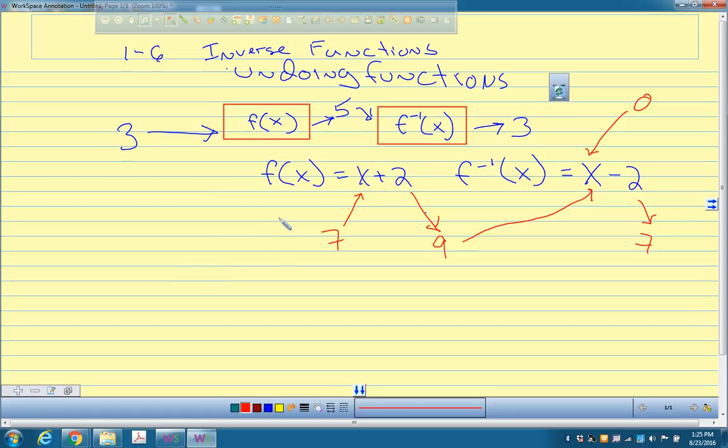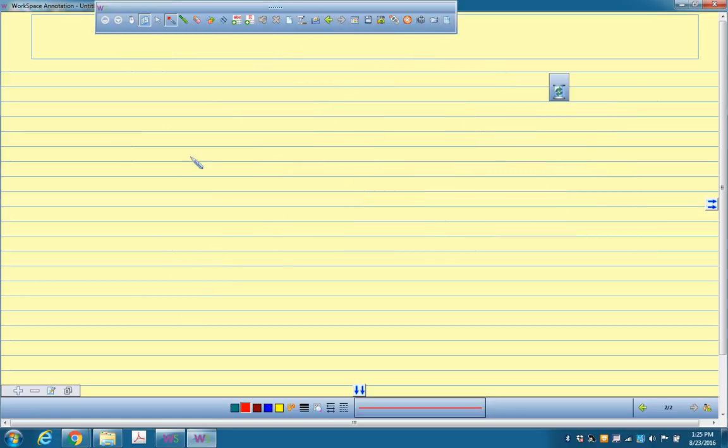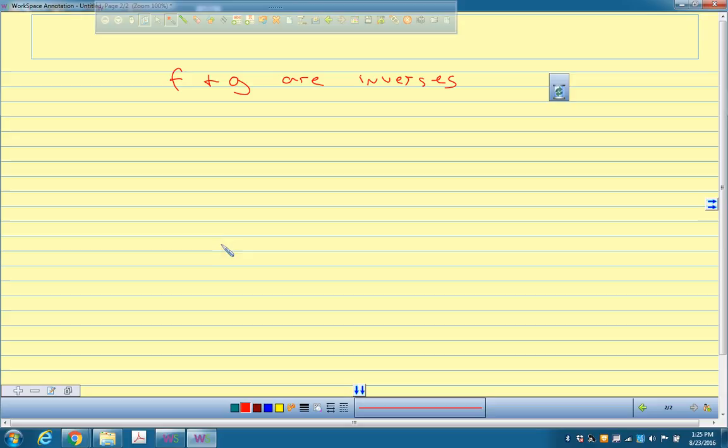So here's kind of something to know. That f and g, it's hard for me to write neatly, but I try as well as I can. F and g are inverses. Can you read my writing?